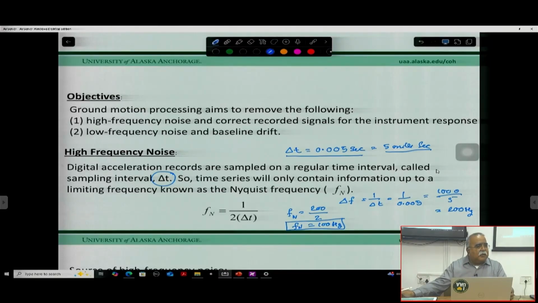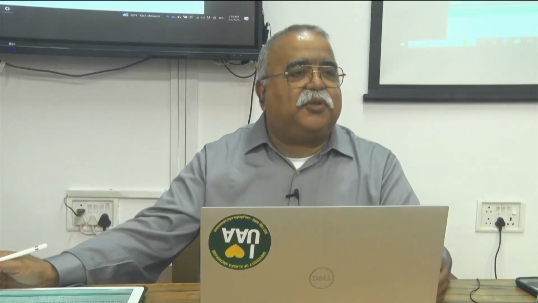It has another name, and in seismic exploration we need to be sure of that too. It is called the folding frequency, because after each 100 hertz the values are folded.